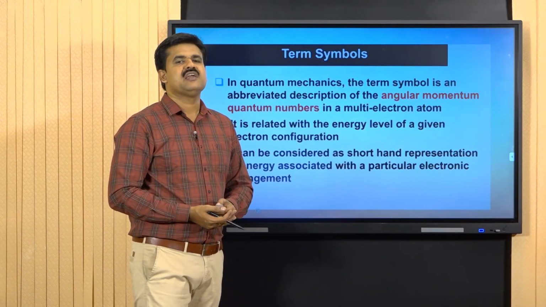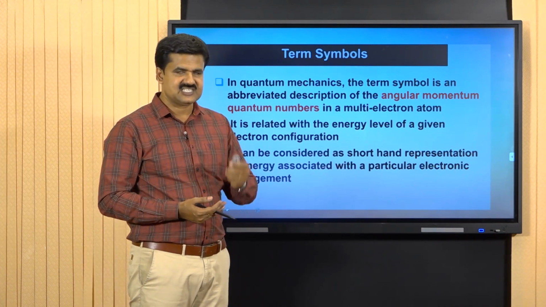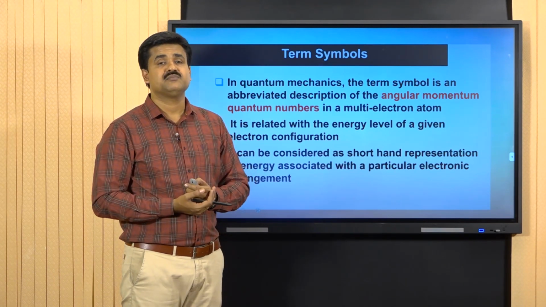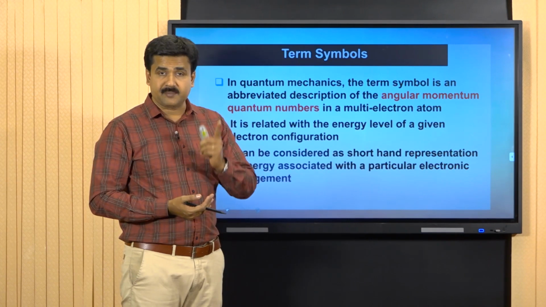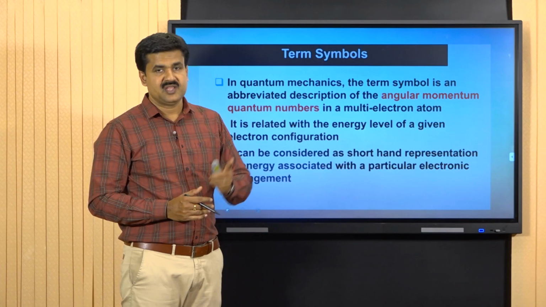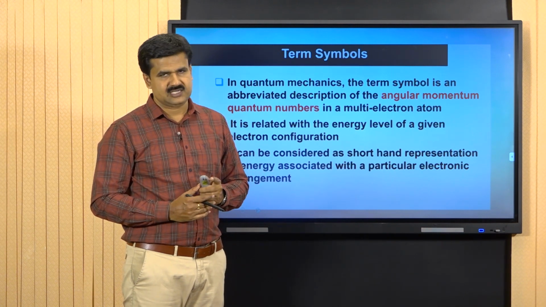Now we are moving on to the very important part of the discussion, that is term symbols. What are term symbols? In quantum mechanics, the term symbol is an abbreviated description of angular momentum quantum number in a multi-electron atom.